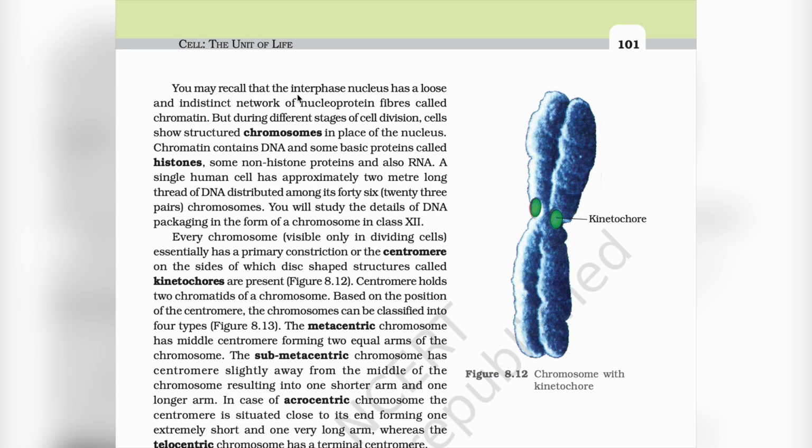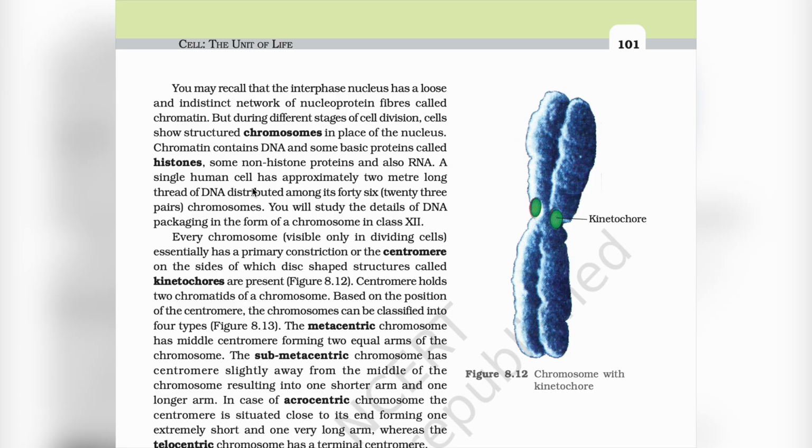You may recall that the interphase nucleus has a loose and indistinct network of nucleoprotein fibers called chromatin. But during different stages of cell division, cells show structured chromosomes in place of the nucleus. Chromatin contains DNA and some basic proteins called histones, some non-histone proteins and also RNA.